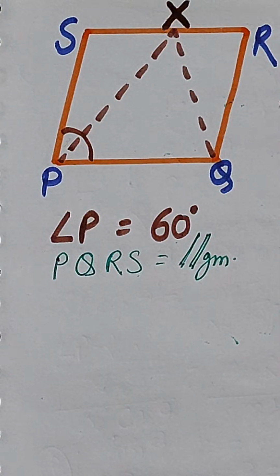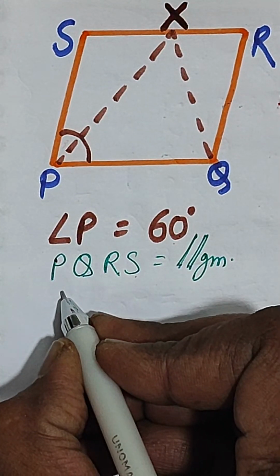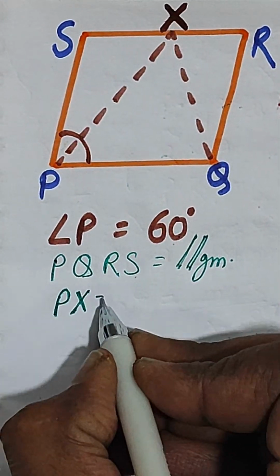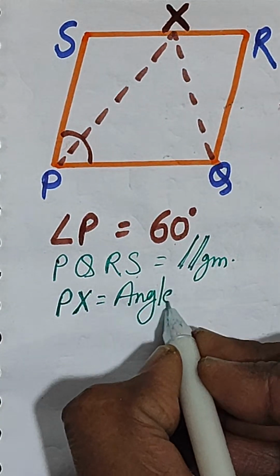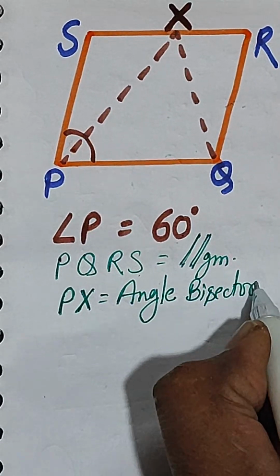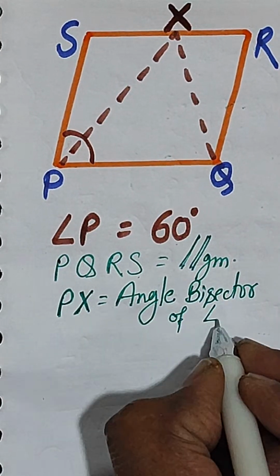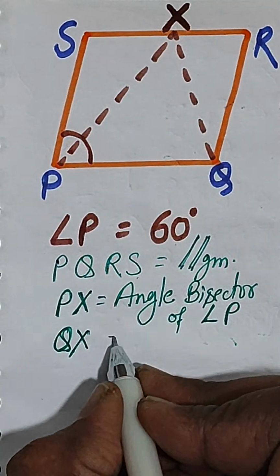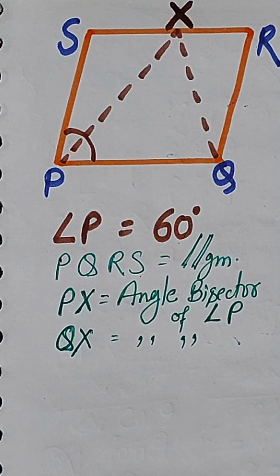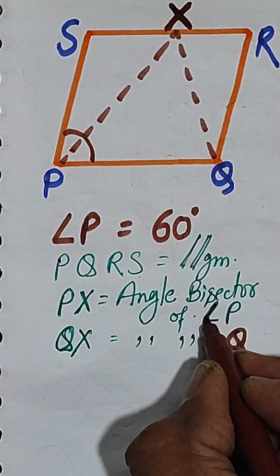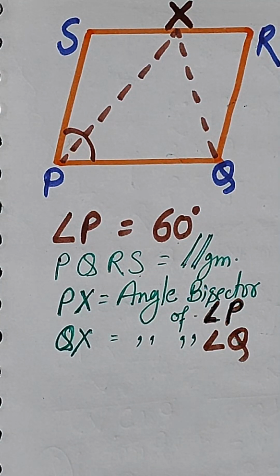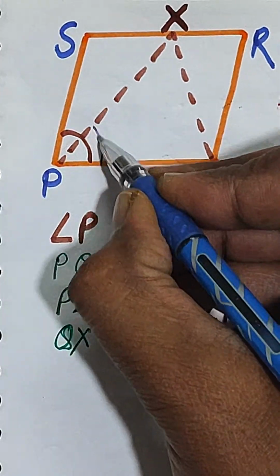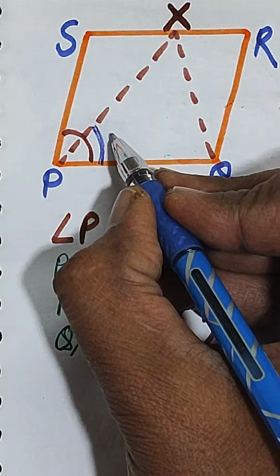Right? Now we need to find the length. Since angle P is 60 degrees and PX is the angle bisector of angle P, similarly QX is the angle bisector of angle Q. Since these are angle bisectors and angle P is 60 degrees, we can write that angle XPQ is 30 degrees.